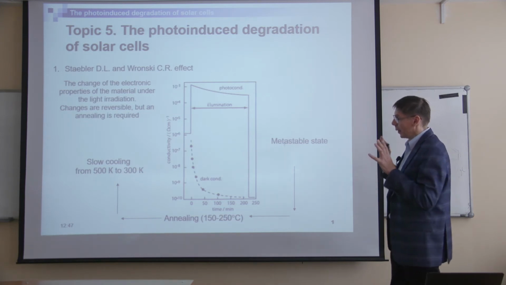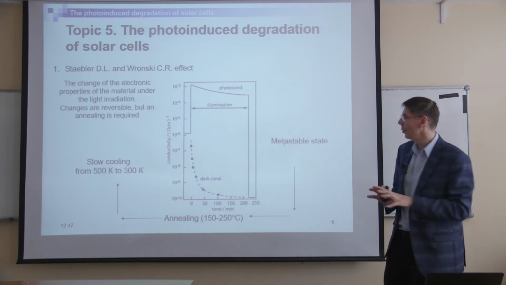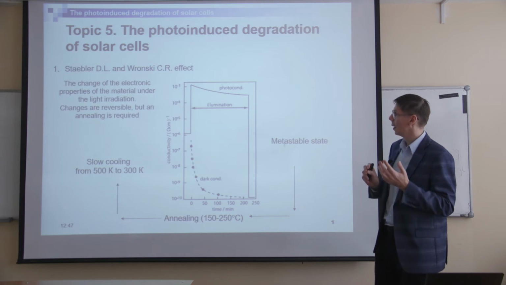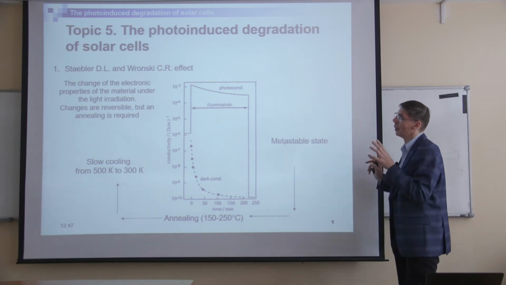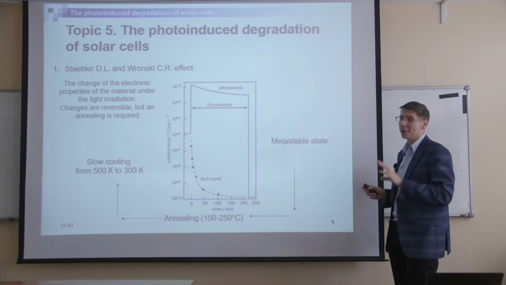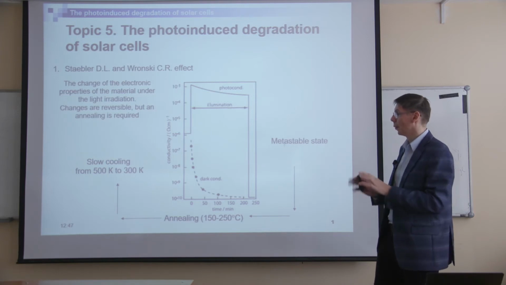So, concerning the thin film technology related to amorphous hydrogenated silicon and related materials, first of all, we have to say a few words about the Staebler-Wronski effect, which was observed for these materials.